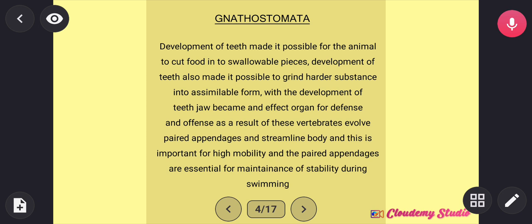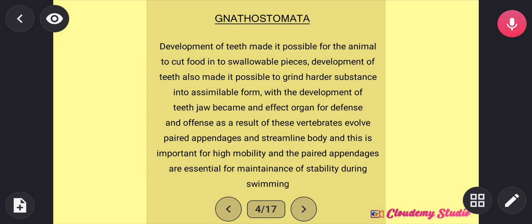So they must evolve some characteristics that can make them escape predators and chase after prey. You understand? And one of those is the paired appendages and more streamlined body. In that streamlined body, we'll be relating that to fishes. Paired appendages, we will say paired fins in fishes as well. Now, that is what we have there.